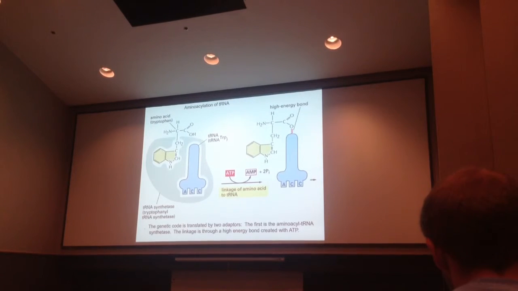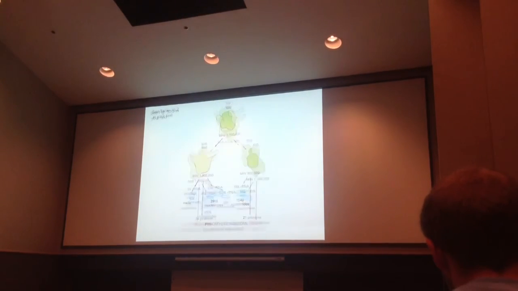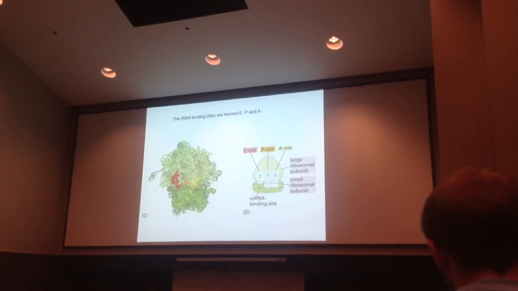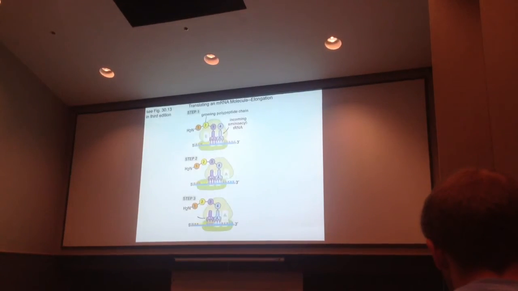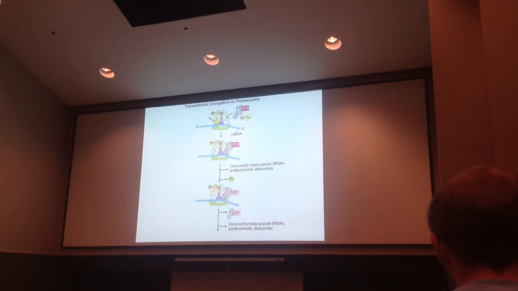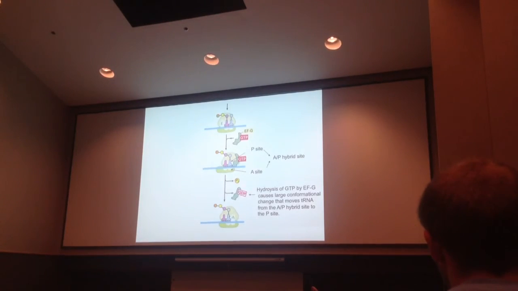When the amino acid dissociates from the tRNA during this step, that's where that energy comes from. So protein synthesis requires 2 GTPs: one for either IF2 or EFTU, and the other one for the elongation factor G. Okay?